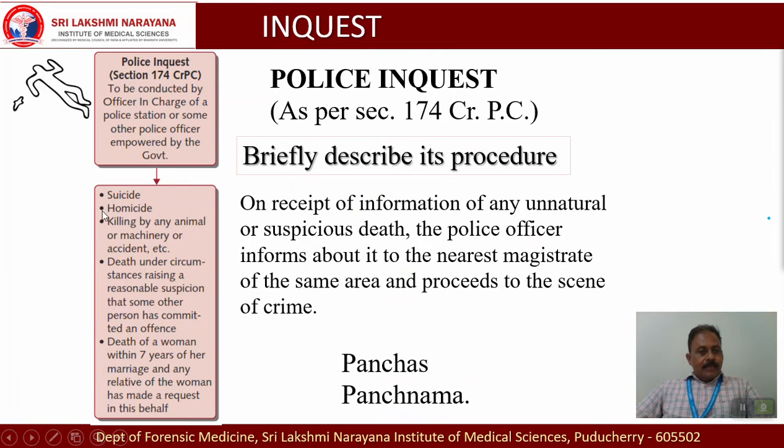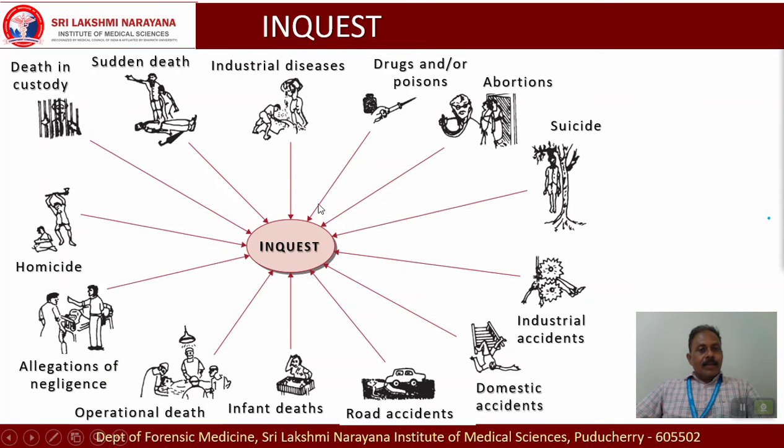Suicide, homicide, killing by any animal or machinery, or accident, death under circumstances raising reasonable suspicion that another person committed an offense, death of a woman within 7 years of her marriage, and any relative of a woman has made a request on behalf. So which are the unnatural, suspicious deaths has been mentioned here. Death in custody.